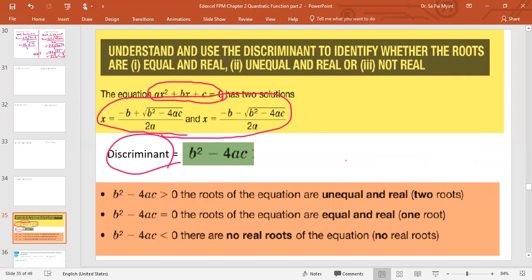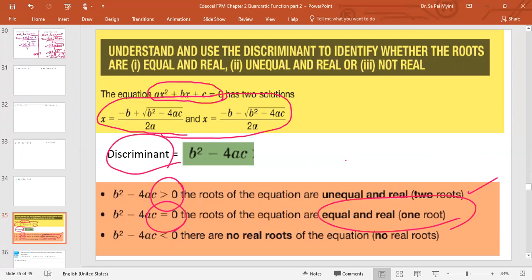The discriminant has 3 types. When you calculate b² minus 4ac, if you get greater than 0, this quadratic equation has 2 distinct real roots. If b² minus 4ac equals 0, it has 2 equal real roots.